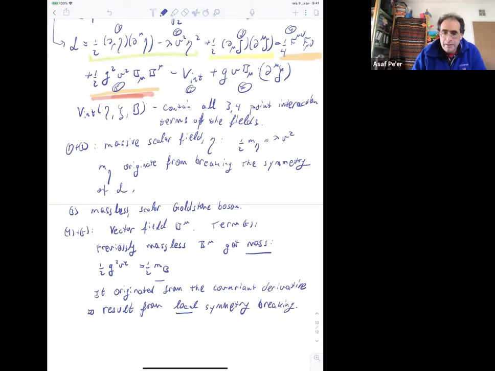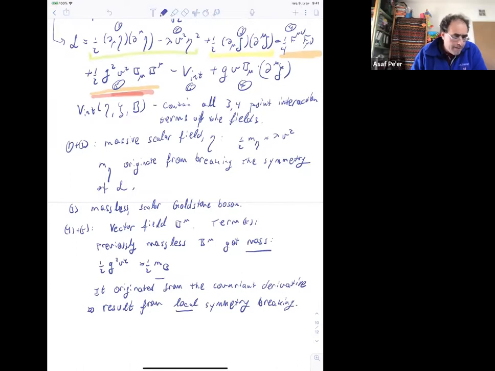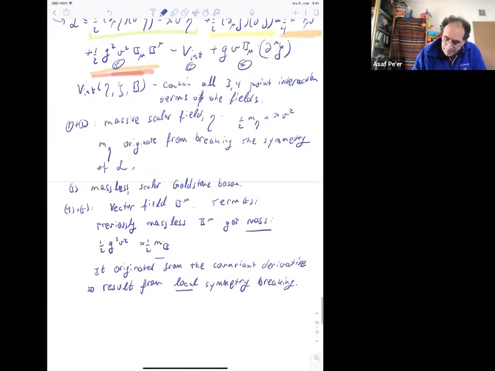In essence, this is the Higgs mechanism, the local symmetry breaking, as opposed to global symmetry. This is the Higgs mechanism.